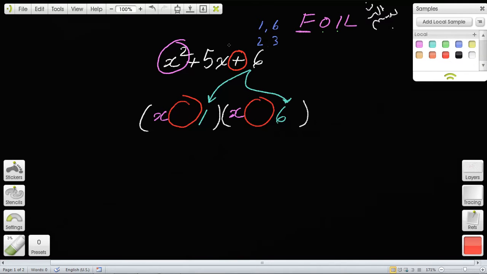So if this is positive, that means the signs are the same. If this was negative, for example, like x squared plus 5x minus 6, this would mean the signs are going to be different. One of them is going to be positive, the other one negative, or this one is going to be negative and this is going to be positive.